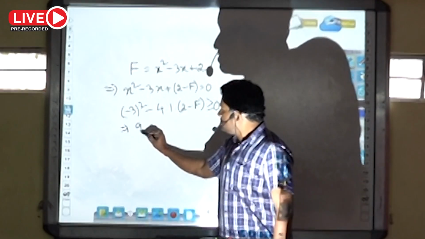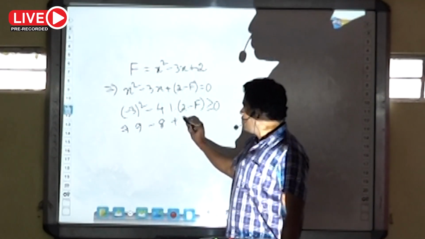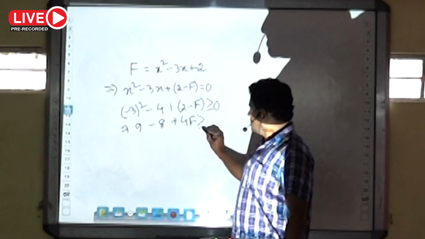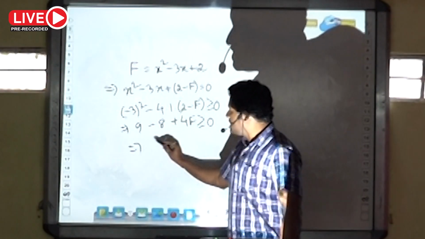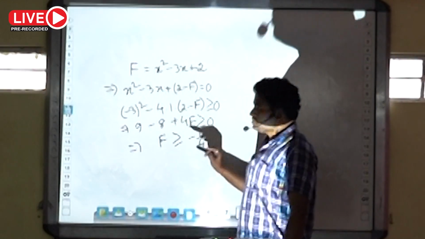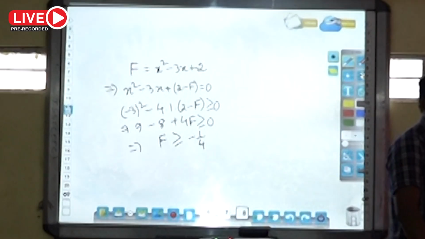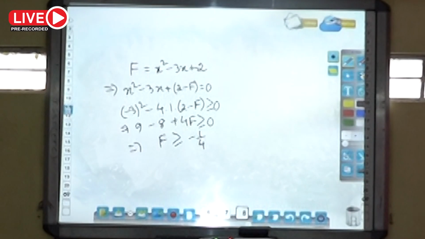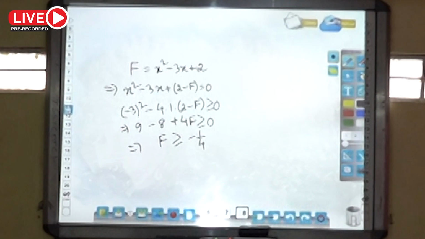So it will be 9 minus 8 plus 4f, greater than or equal to 0. We can immediately write f greater than or equal to minus 1 by 4. So the minimum value of the force is minus 1 by 4. No need to do derivatives and all these things. Greater than or equal to means that is the minimum value.